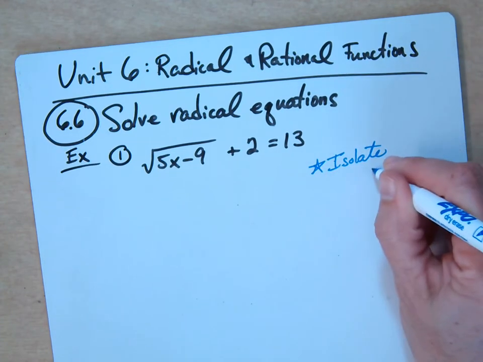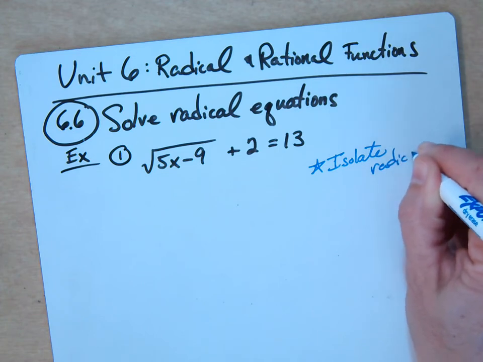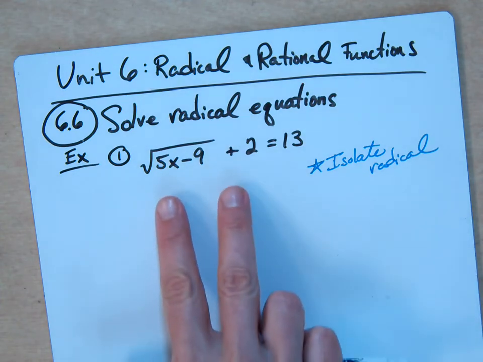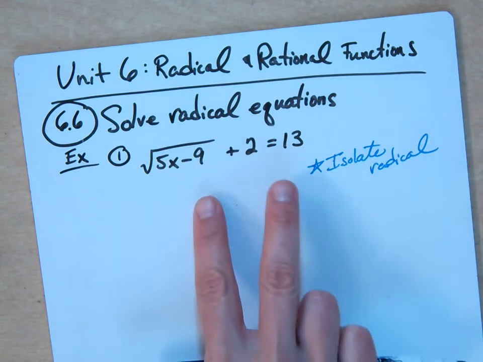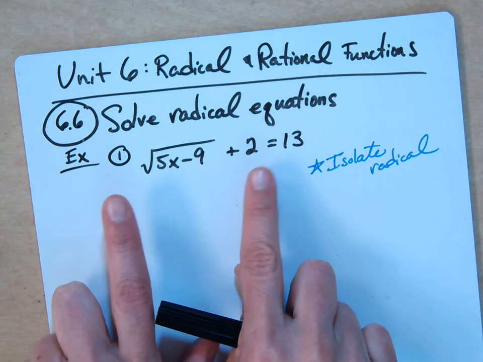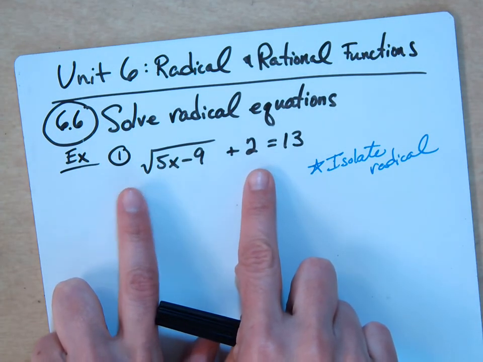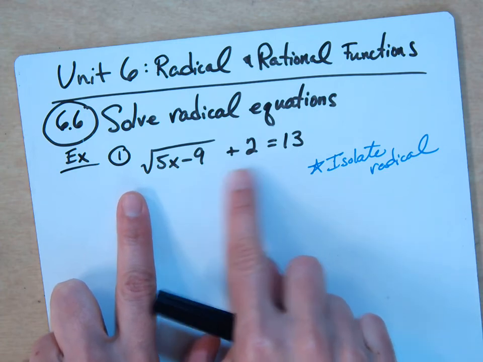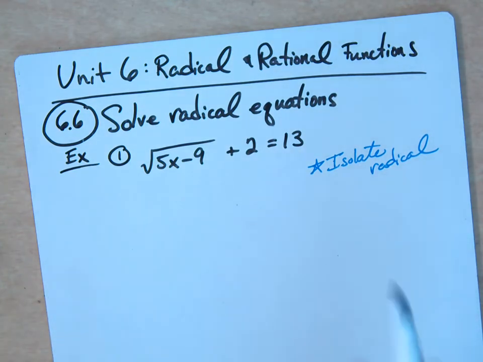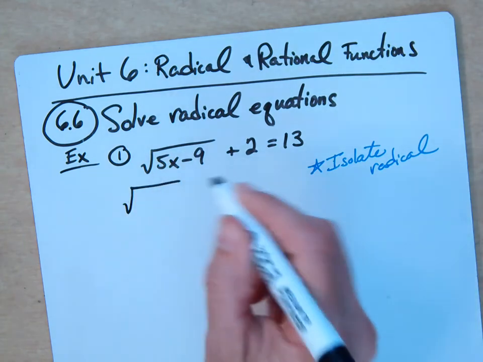Isolate the radical symbol first before you undo it. Otherwise, if I started by squaring both sides right now, I would end up with a big mess on the left side, because I would have to FOIL it out. If I square it right now, I would have to square this whole thing, and it would just be messier. So the very simple first step is to what?